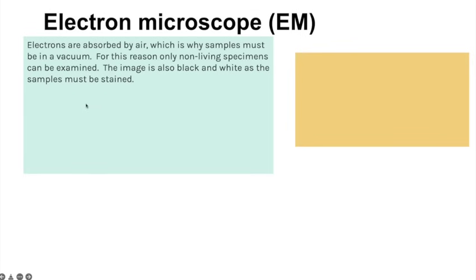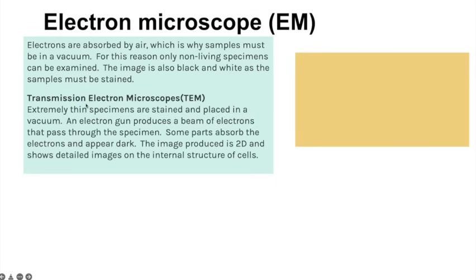The electron microscopes have much higher resolving powers, as we said, and the difference between the transmission and the scanning electron microscope is that with the transmission, you have extremely thin specimens, and the electron gun produces a beam of electrons that transmits or passes through the specimen.